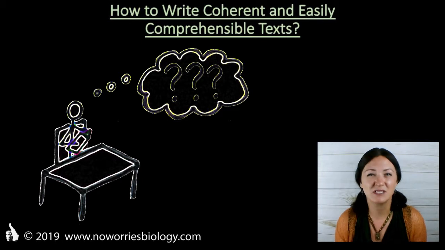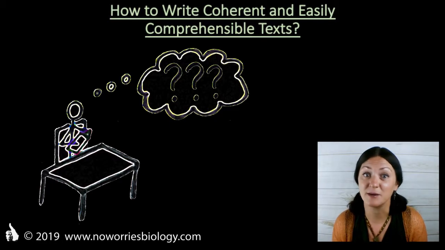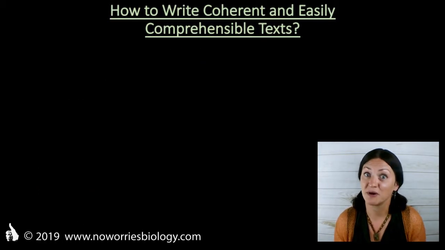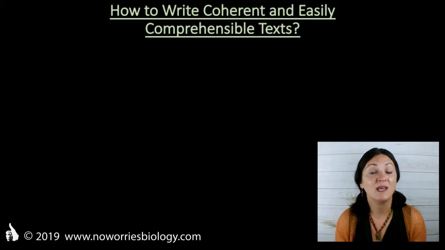We have some difficulty comprehending the structure of the text. And that is precisely what a writer should try to prevent from happening when he or she is composing a text. So let's look at some specific tools or strategies that can help to guide a reader in following our train of thought and not to get confused.